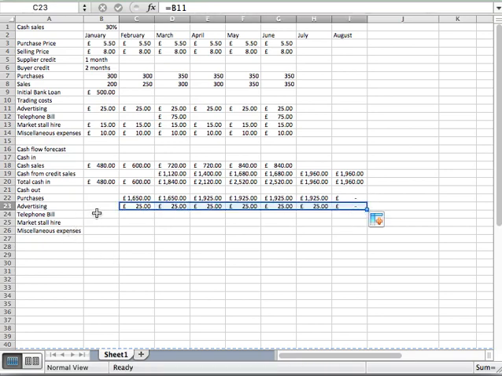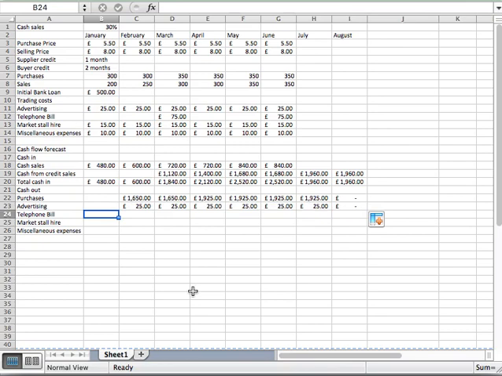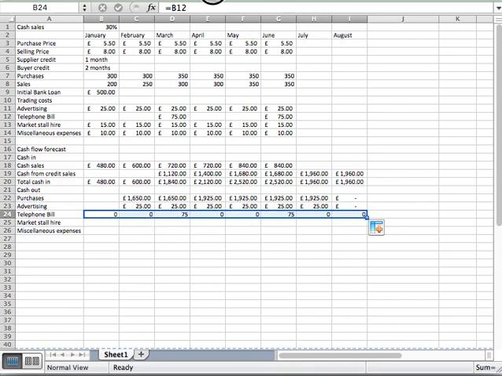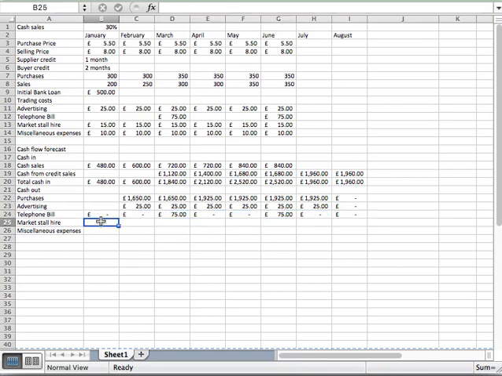The telephone bill is paid quarterly. So I can just copy that. And the zeros are copied across. That's not a problem. And we might as well copy across to August. It only picks up the 275. The market stall and the miscellaneous are both paid in the month that they're incurred. So we can just pick those up.